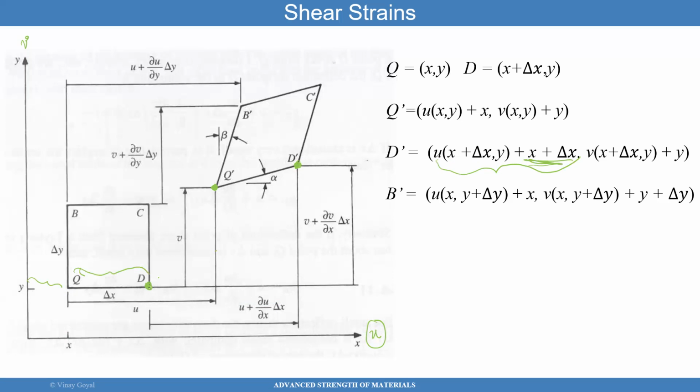Then that point moved all the way to the right, and that deflection is U. But that U is evaluated at the coordinate where D is, which is x plus delta x, comma y. And that's what you see there for D prime. Hopefully that is clear because it's not easy. Even for me today, it took a while to figure out.